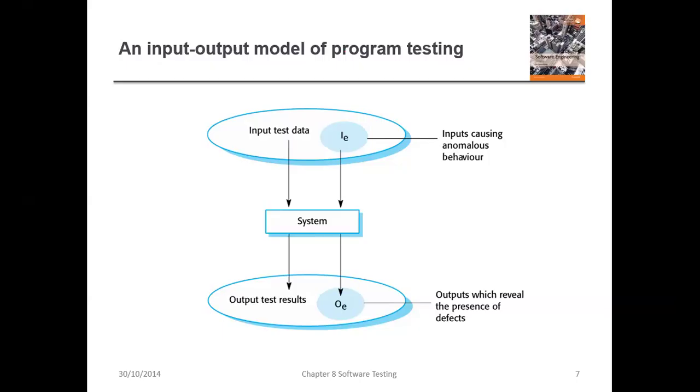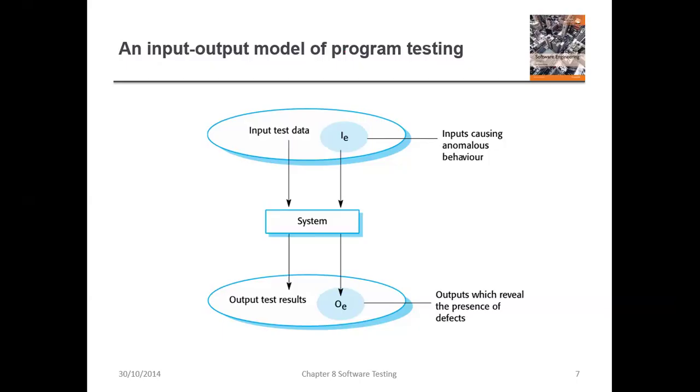The first one will show that the system is actually producing what it's supposed to produce, meeting the requirement. And the second kind of test data will cause the system to misbehave or expose the defects in the system.